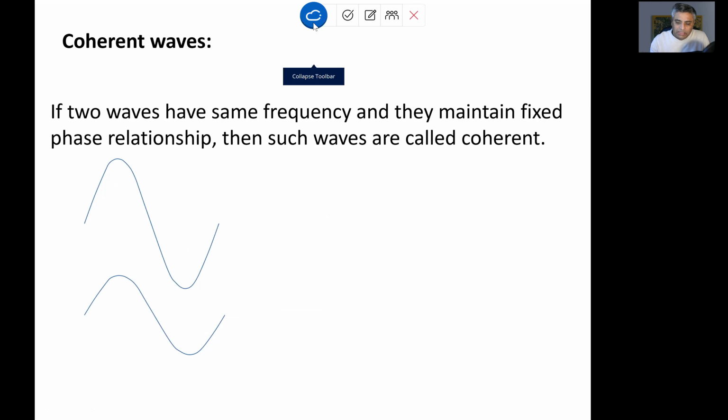So now, two waves are called coherent if, when they move from one point to another point, the frequency remains the same, and they also keep the phase the same. So what's the phase of the wave?